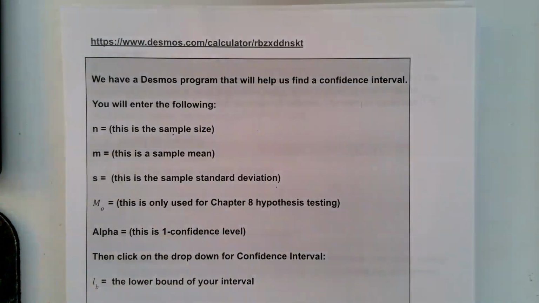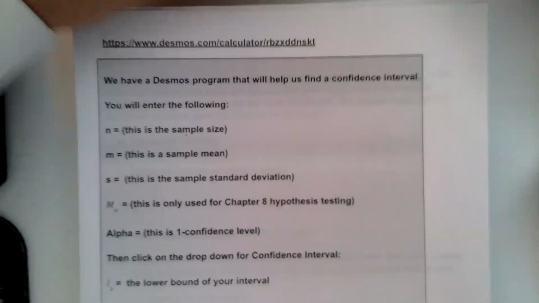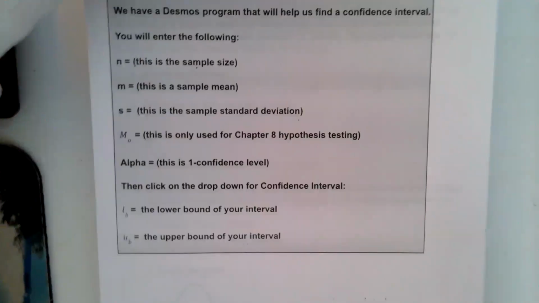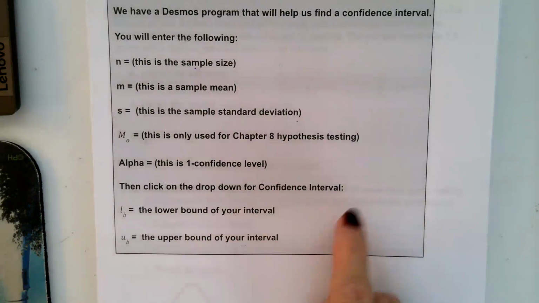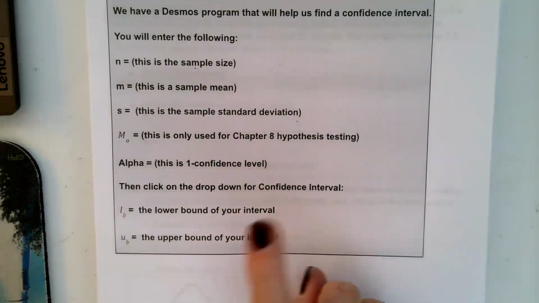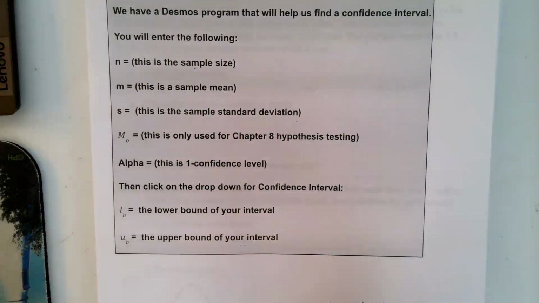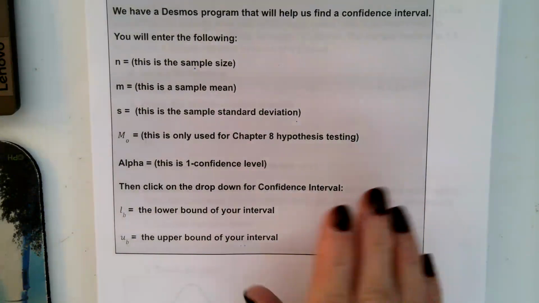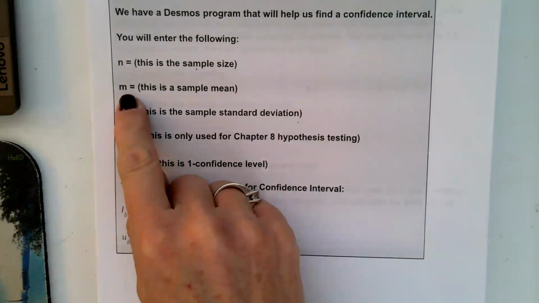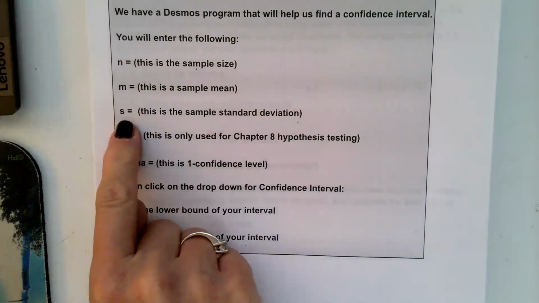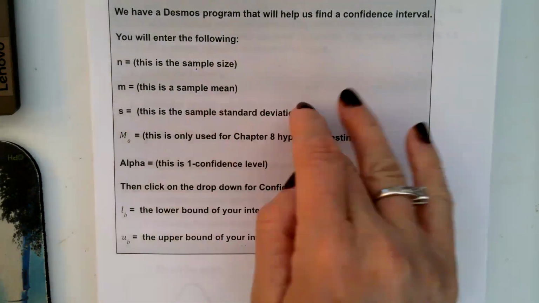So in the program, this is just so you'll know what you're entering and you're getting. There's lots of other things that I'm going to show you around. We're going to use this same Desmos link in chapter 8 for a hypothesis test for quantitative data as well. So that's great. So you're going to enter your sample size, the sample mean, and the sample standard deviation. This is only if you're not given raw data.